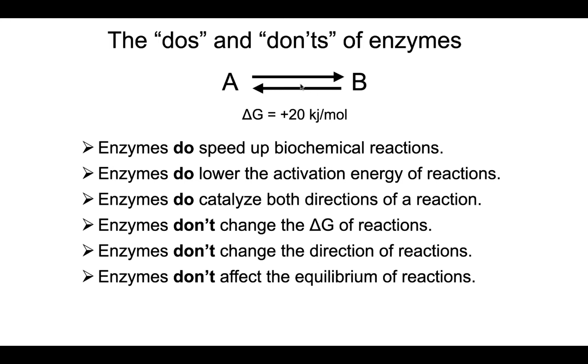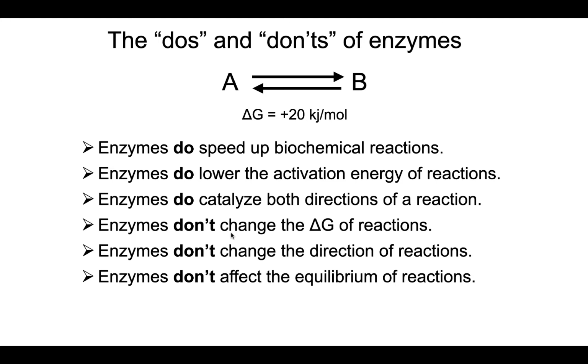That's dictated by the current delta G. The current delta G is positive 20. Therefore, if you add an enzyme, it's going to speed up the rate at which B is converted to A.